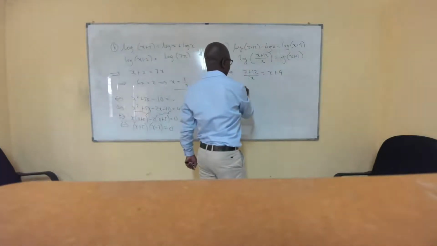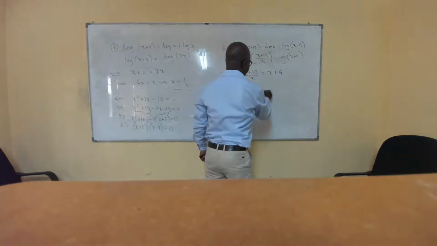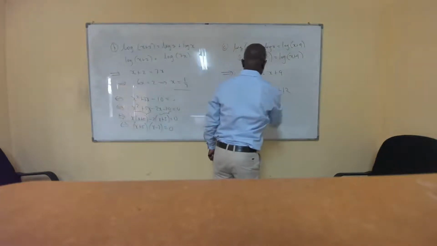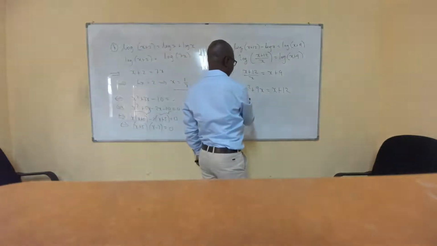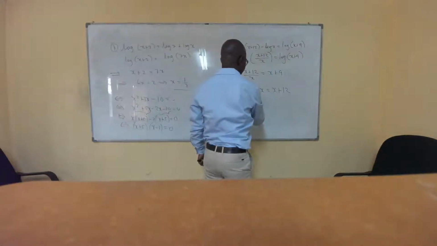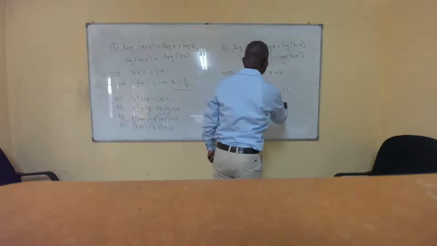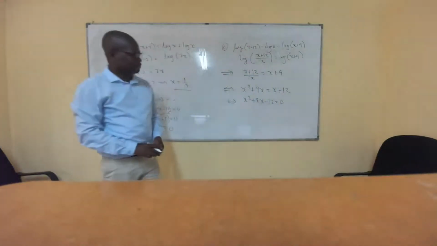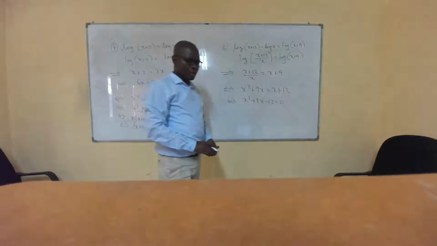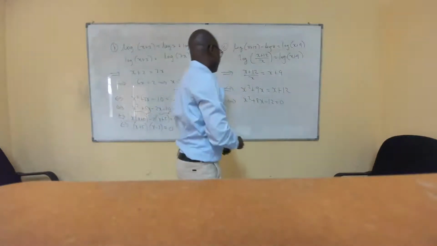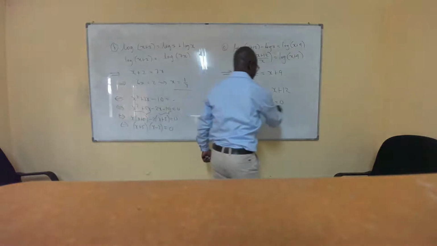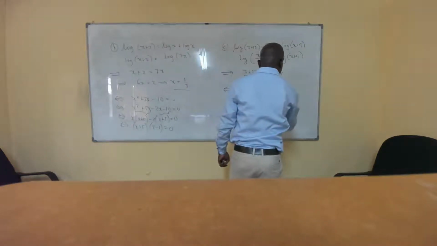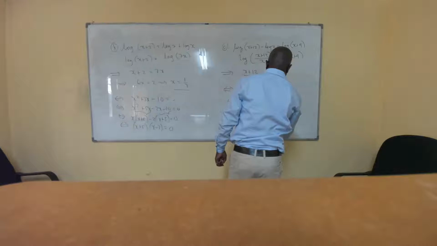You can cross multiply: x squared plus 9x equals x plus 12. So this will be x squared plus 8x minus 12 equals 0. And this one, I believe we can use the quadratic formula, x equals minus b plus or minus the square root of b squared minus 4ac, over 2a.